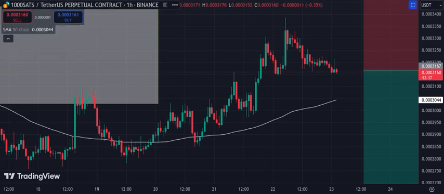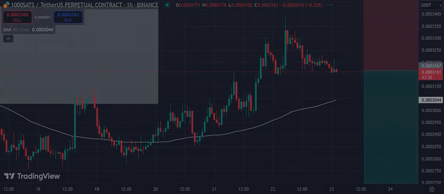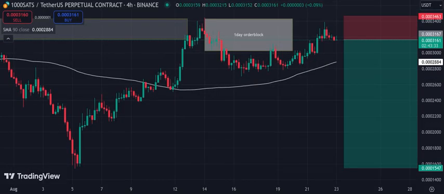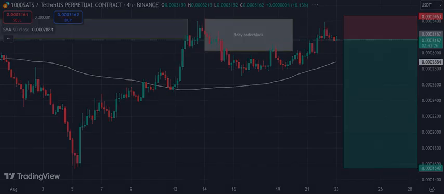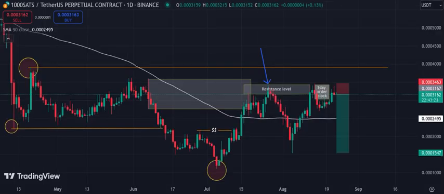Let's check that for 4 hours and 1 day to see what the trend line is saying. Still the same thing for 4 hours. It's saying the market is bullish. And for a 1 day, it's ranging.